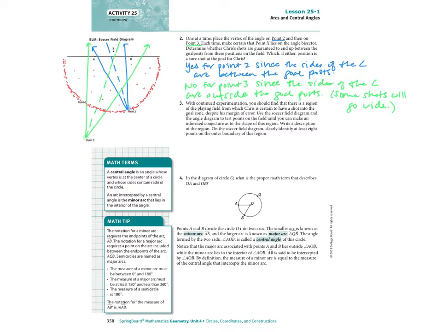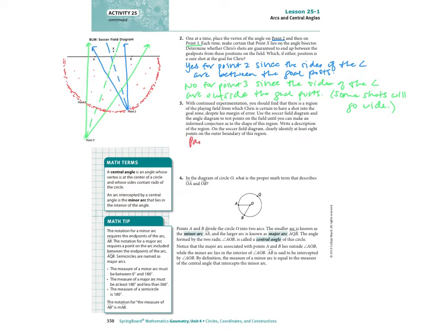This includes point 1. It includes point 2 inside of it, right? And the goalpost, and this is actually called an arc. Cool. So that's what we're going to write down for number 3.